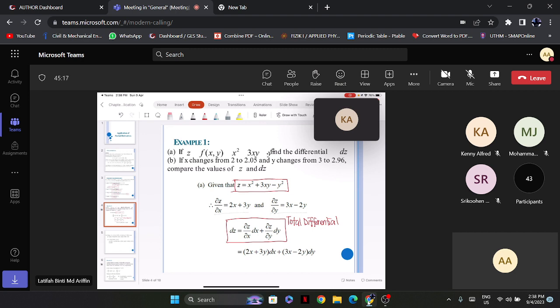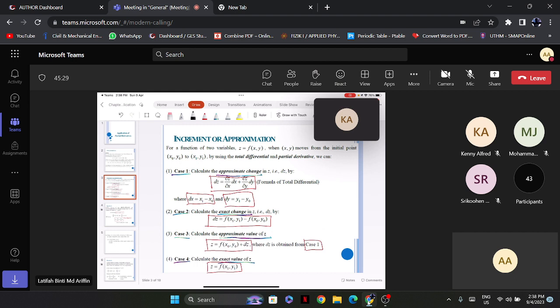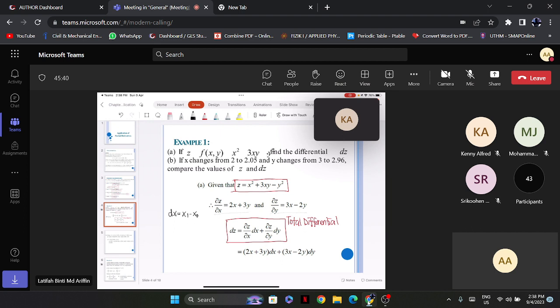Okay, next kita nak kena dapatkan what is dx. So what is dx? Dx adalah merupakan x1 minus x0. Betul? Okay. Kalau kita lihat daripada kita punya formula tadi ni, case number 1. So dx is equals to x1 minus x0, dy is equals to y1 minus y0. Okay. So our point x changes from 2 to 2.05.